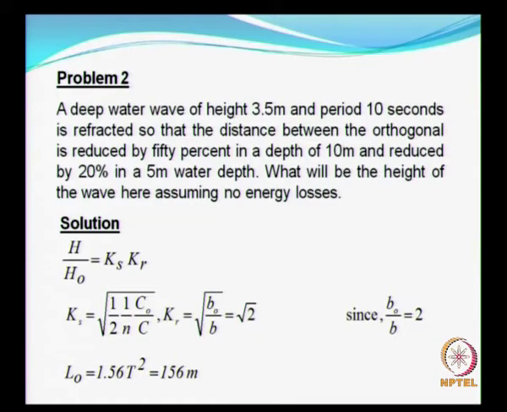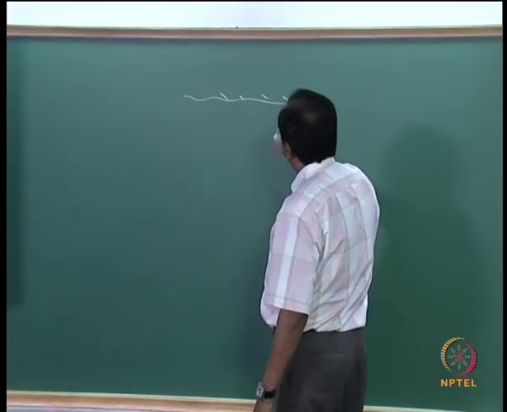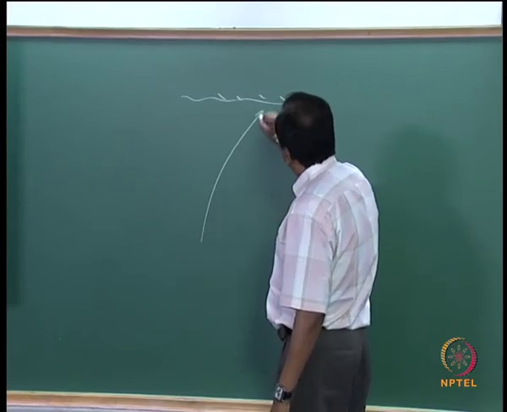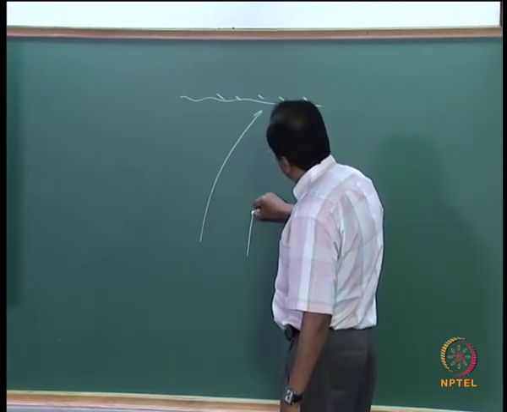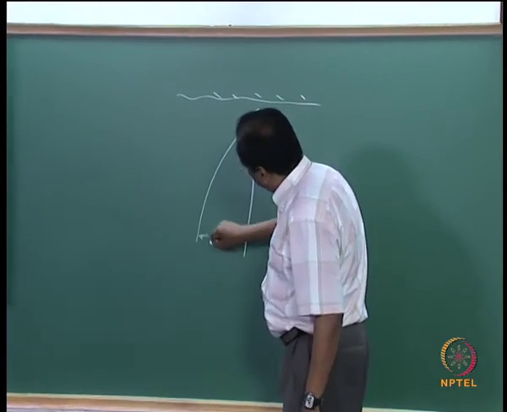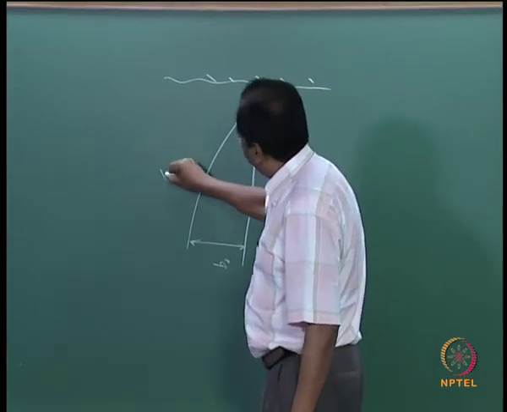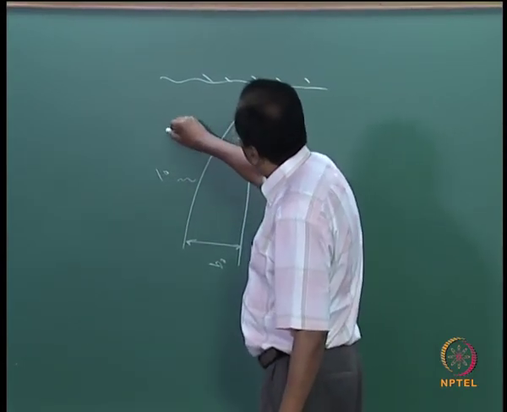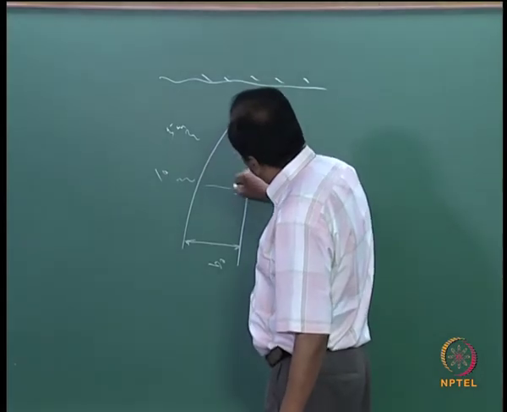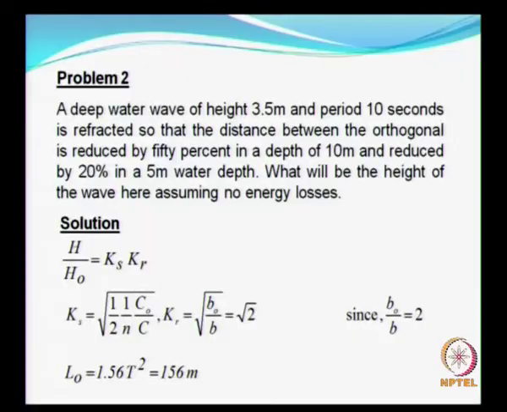This is the shore, and the wave is moving like this. You see that this is the deep water distance between orthogonals. Here you have about 10 meters and something like 5 meters, so this is the B, and the reduction is said to be 50%, something like that.